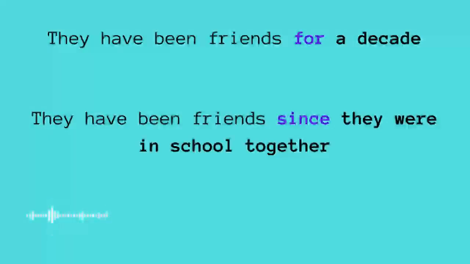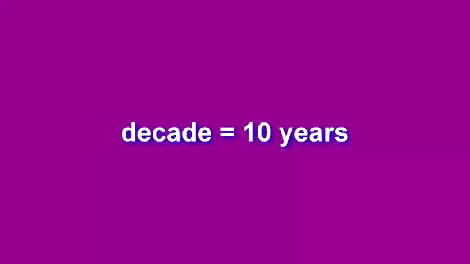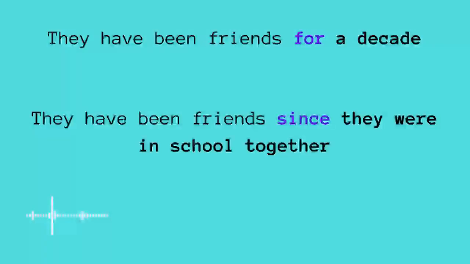So what is the difference between the two? If you look at the first one, we are using for. So for a decade, that means for 10 years. And by the way, a decade means 10 years, alright? So you can say they have been friends for 10 years or for a decade. The meaning is the same.